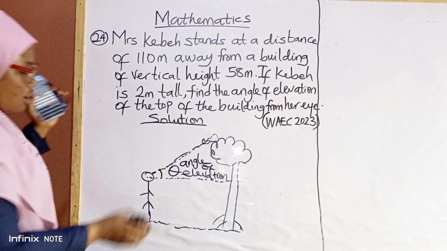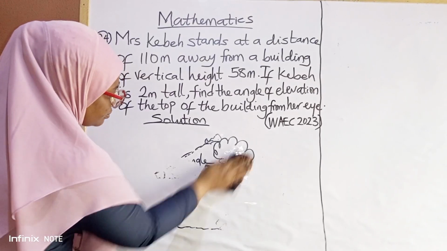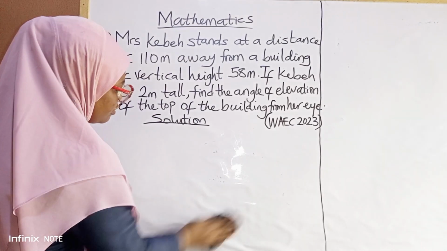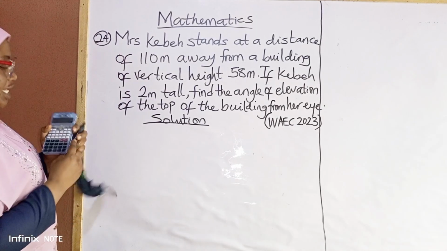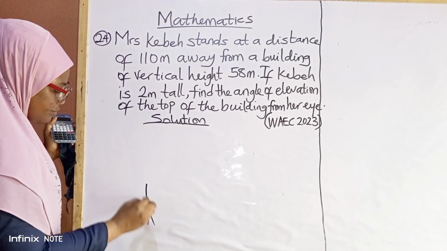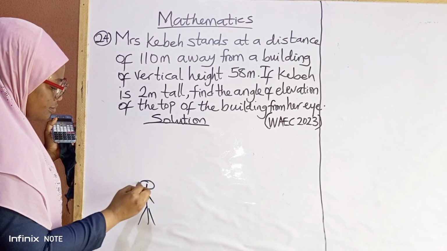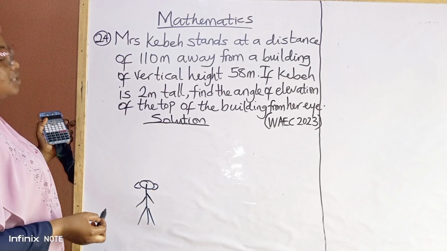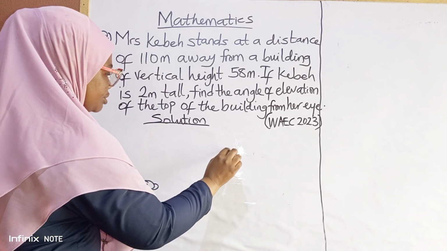So now, in case of this question, let's say this is Mrs. Kebe. And let's say this is the building.